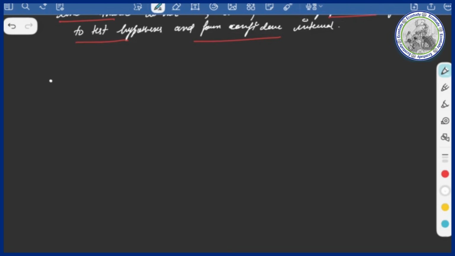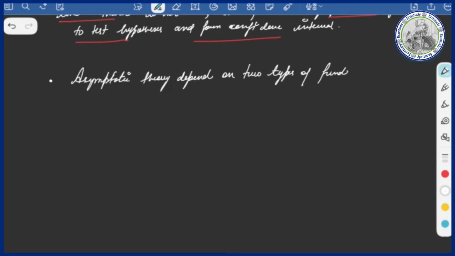Now, asymptotic theory depends on two types of fundamental results. And what is that?